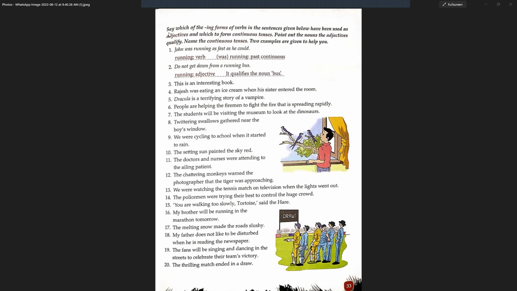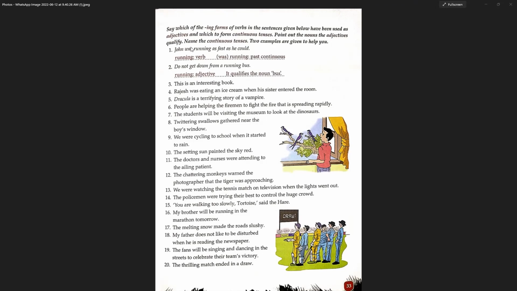Okay, great. Say which of the ing forms of the verbs in the sentences given below have been used as adjectives and which to form continuous tenses. Point out the nouns the adjectives qualify.